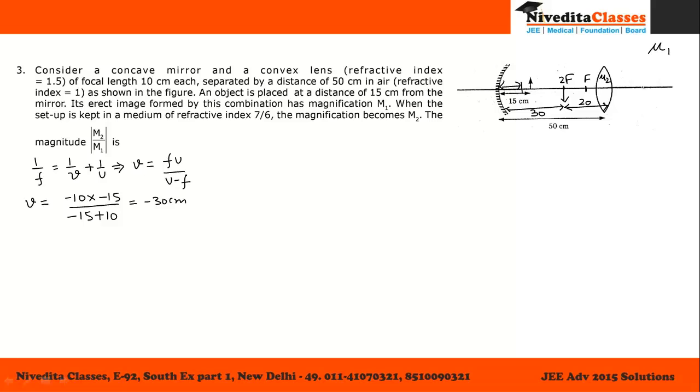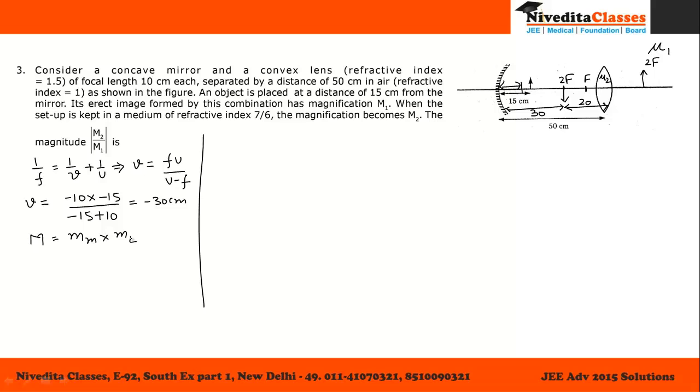So its image will also be formed at 2f, and the magnification due to the lens will be actually 1 because it has been placed at 2f. Okay. So our magnification for the first setup will be the magnification due to the mirror multiplied by the magnification due to the lens.